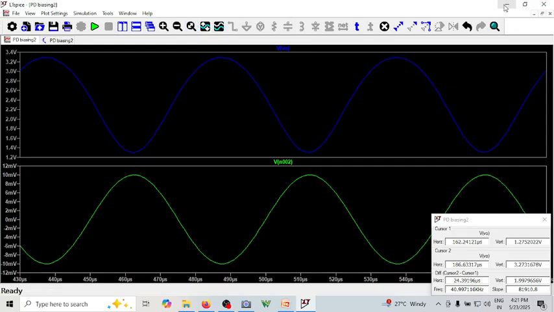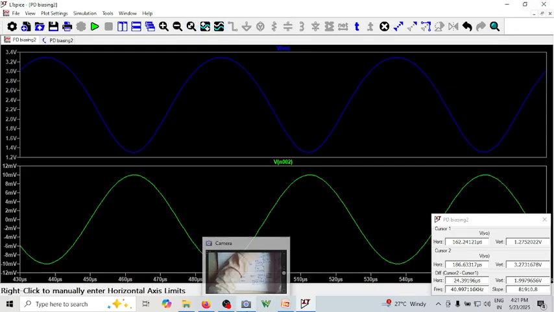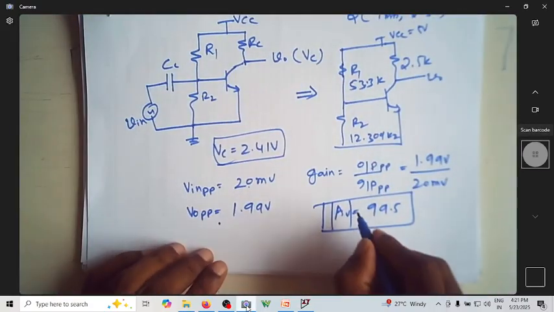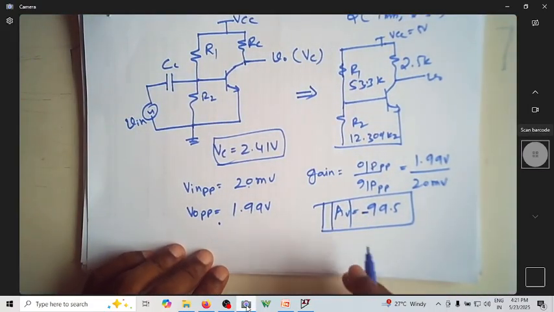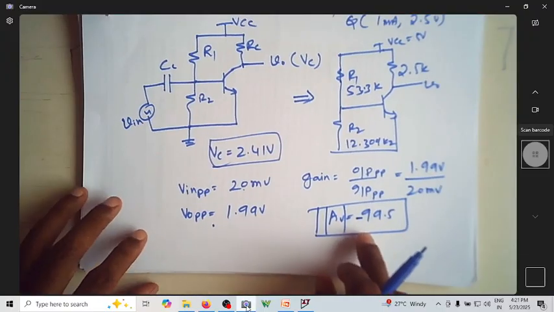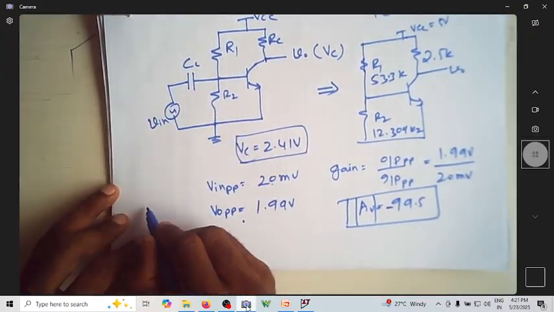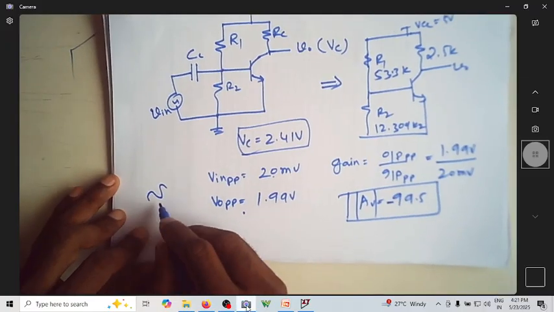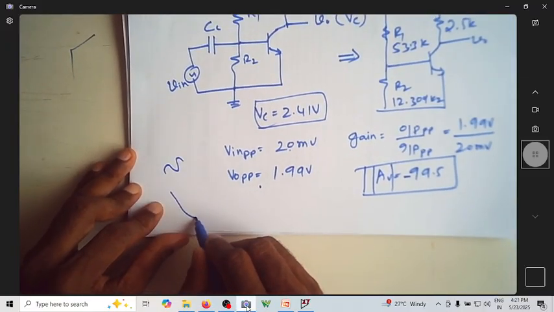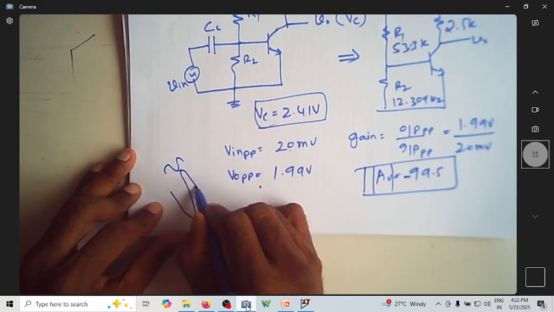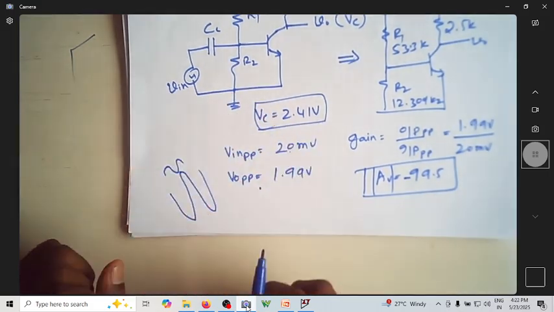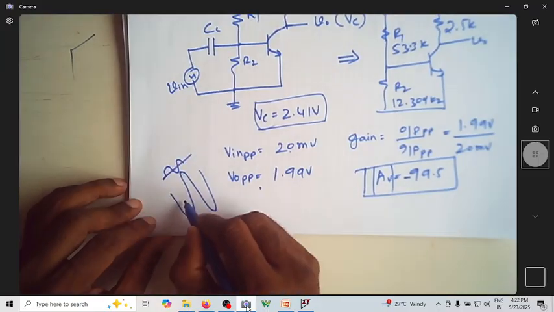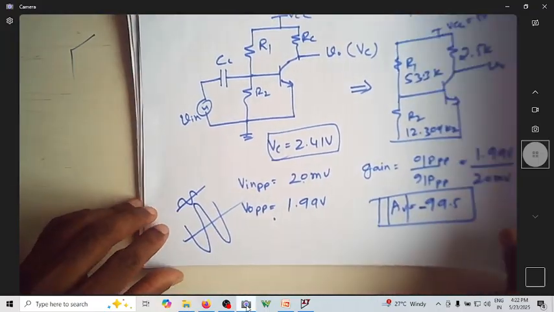That is represented in your gain expression by a negative sign. So this is minus 99.5. If you apply a signal like this, it is amplified about 99 times in the reverse direction.